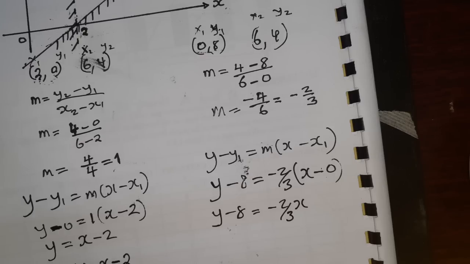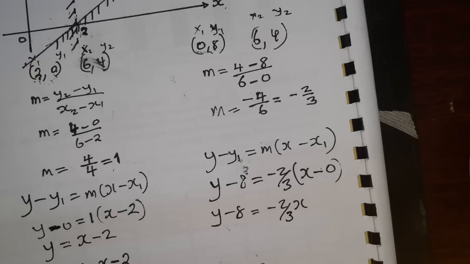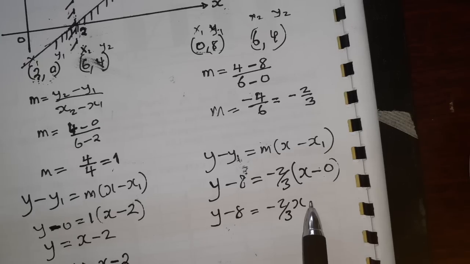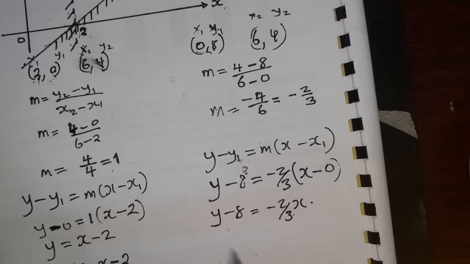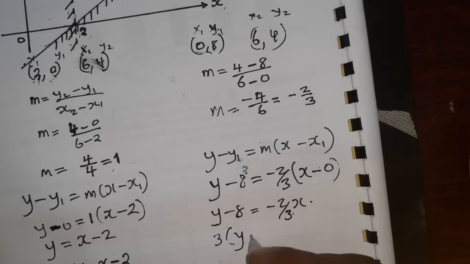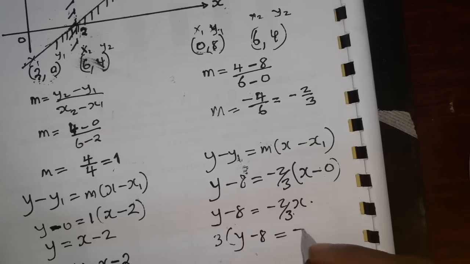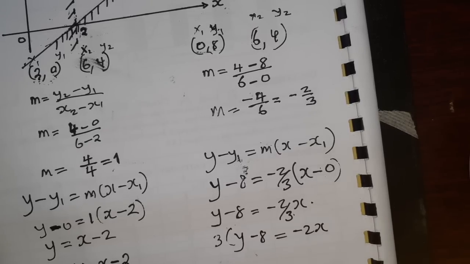You have to take note of that. At this point, if you want, you can bring this one to the other side, then write the final equation. But also if you want, you can cross multiply here. You say 3y minus 8 is equal to negative 2x. Okay?